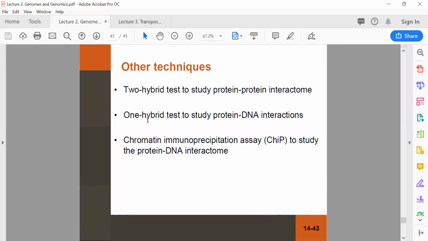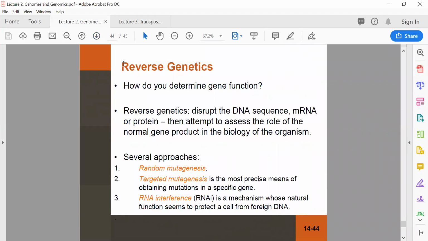Then there's another technique called the 1-hybrid technique, which will study which proteins bind to DNA, so the study of protein-DNA interactions. And here's another one, the chromatin immunoprecipitation assay, abbreviated to a ChIP assay, and this enables the study of the protein-DNA interactome. As I said, you don't need to remember those.